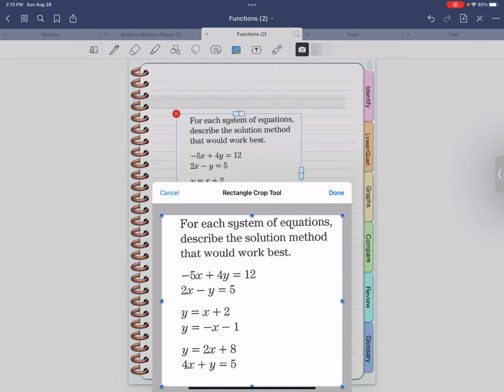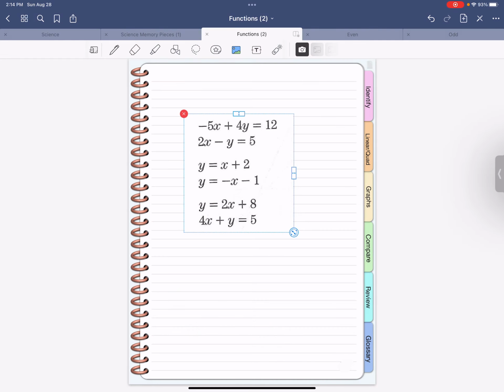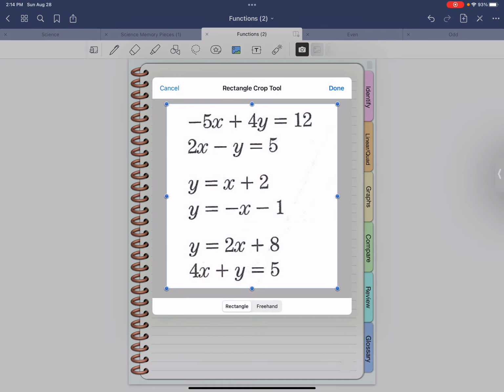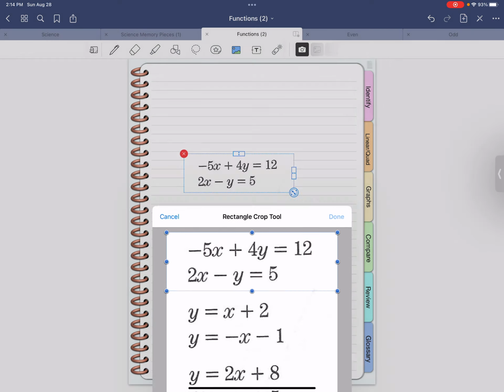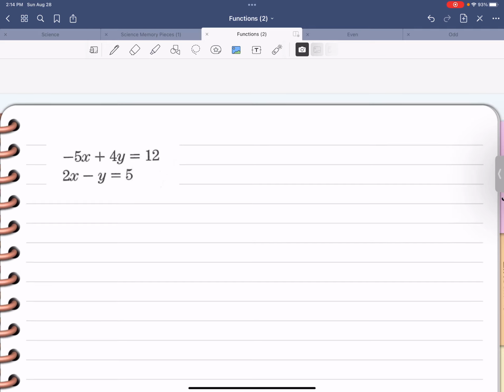Actually, I'm going to crop because I don't need all of that. I need the space more than I need that. So let me copy it, and then I'll crop this one so that we only have this system to look at. Let's go with that one first.